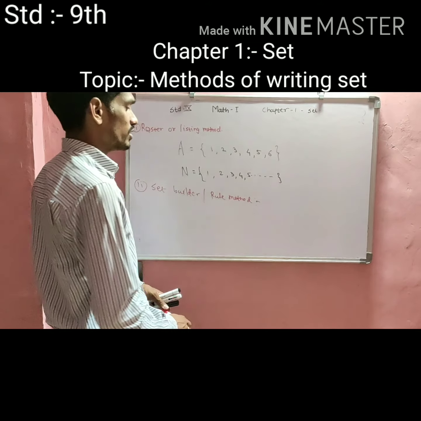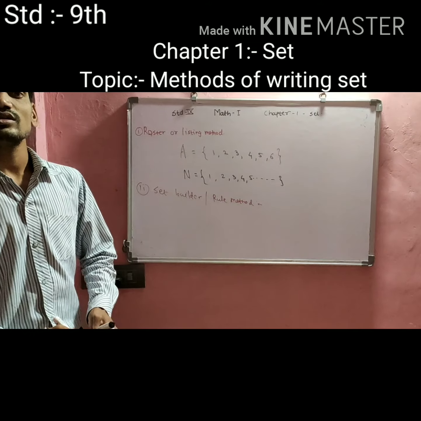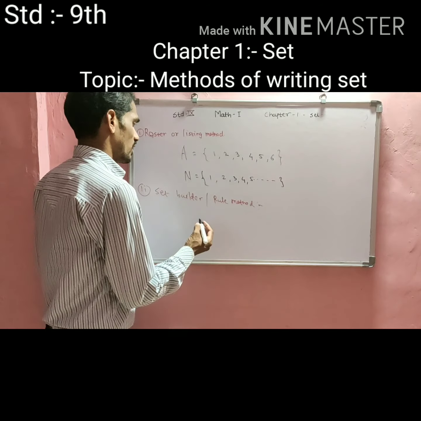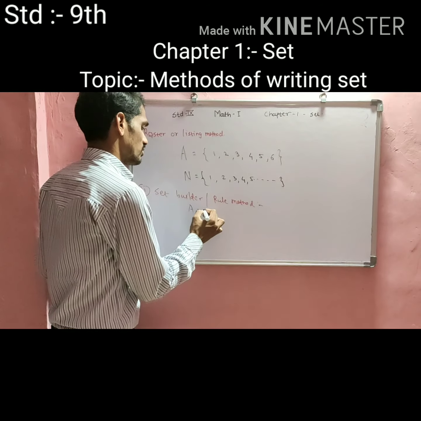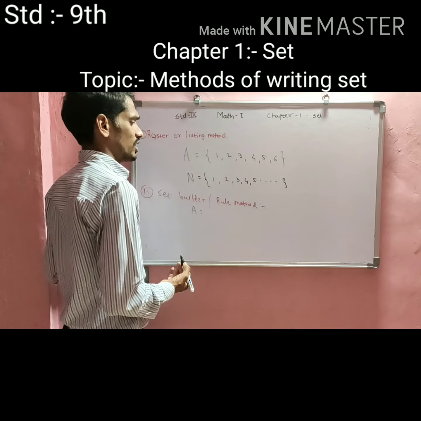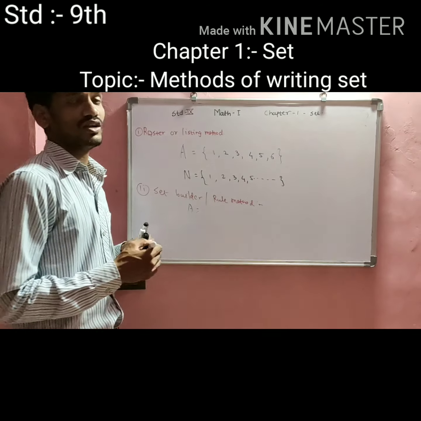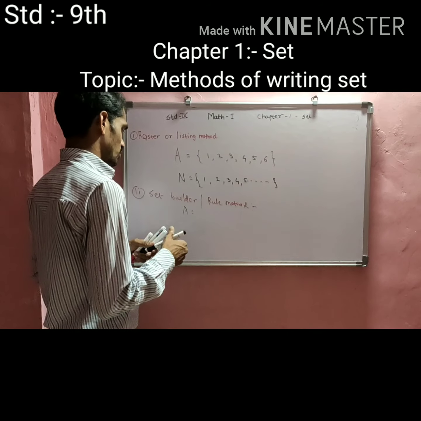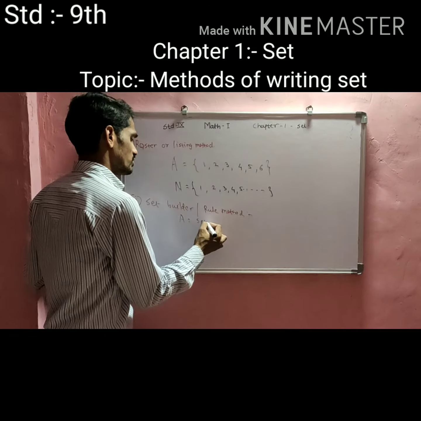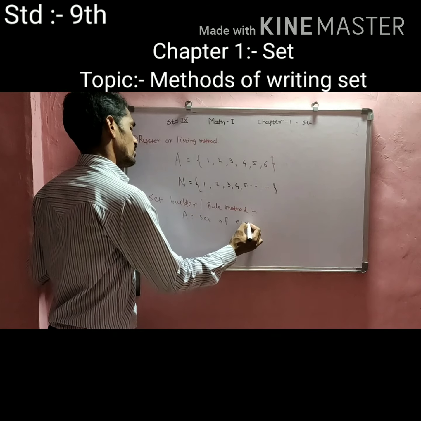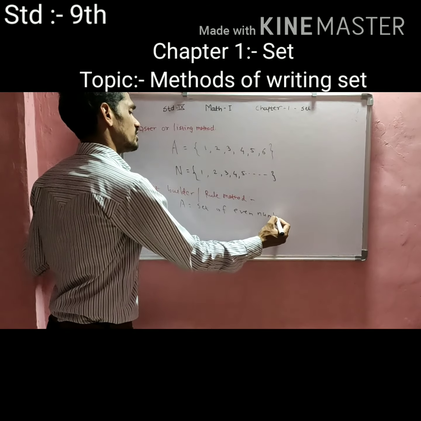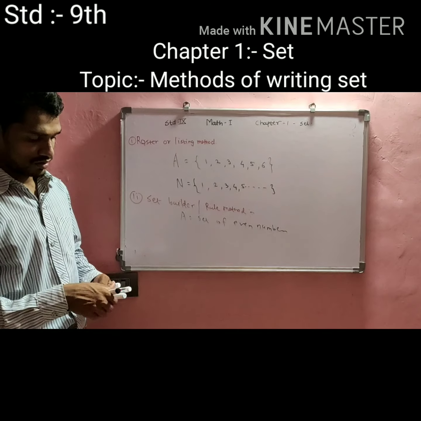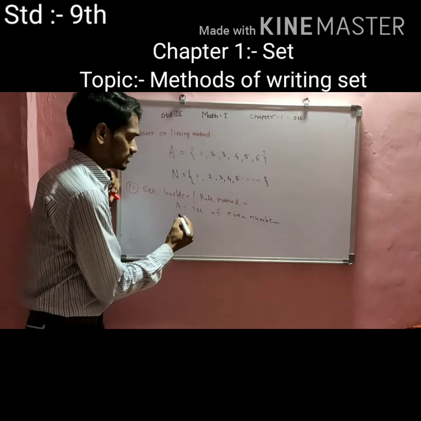What is a set builder method, students? In the set builder method, we represent the set again with a capital letter. Suppose I have taken the set of all natural numbers, or the set of all even numbers. Suppose set A contains the set of all even numbers. If you want to represent this set in set builder form, how do we represent these numbers?